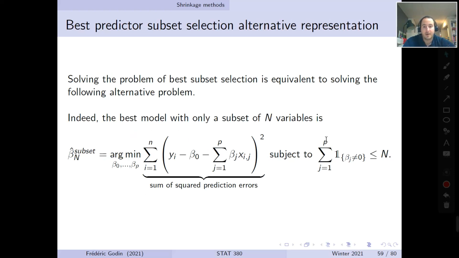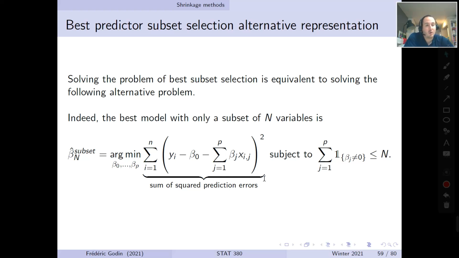Now, in terms of comparison between the ridge regression and the best subset of predictors, is there a way to express both optimization problems in a similar way? And the answer is yes. It can be seen that solving the problem of the best subset of predictors is equivalent to solving the following problem.